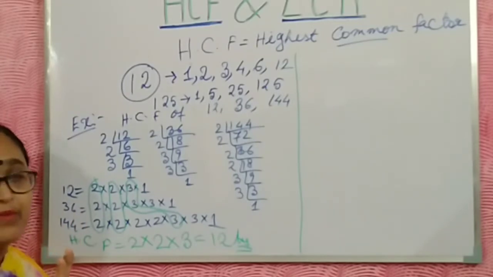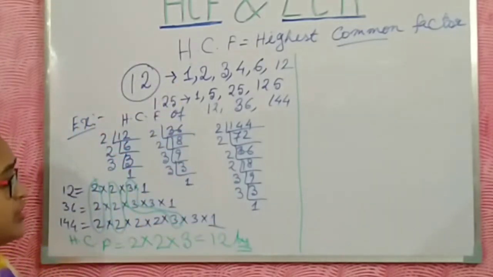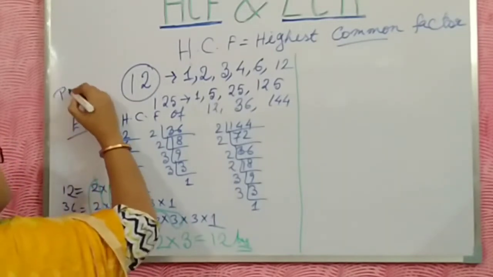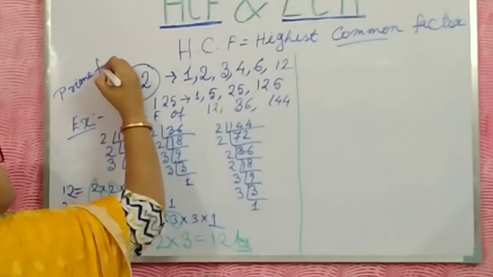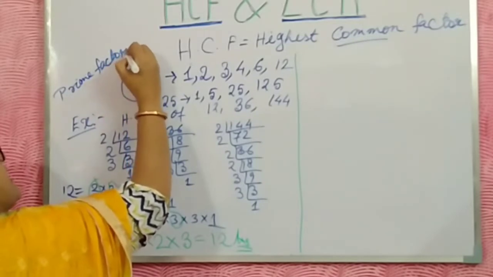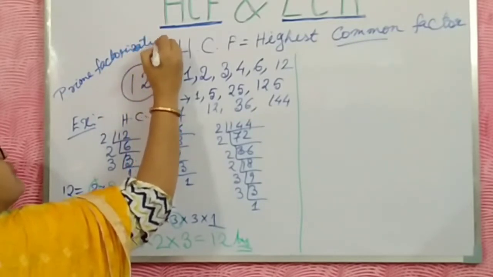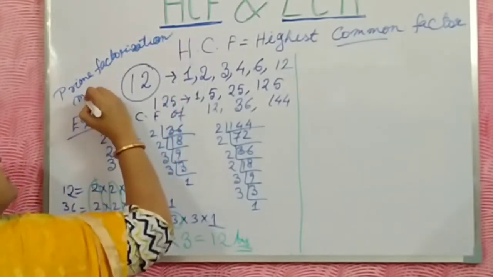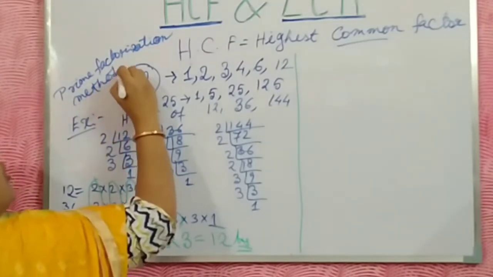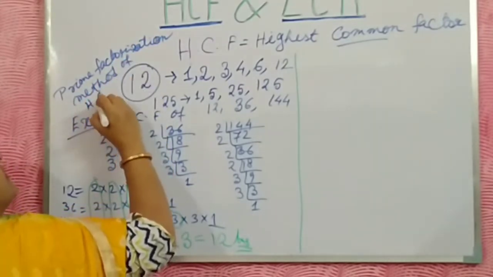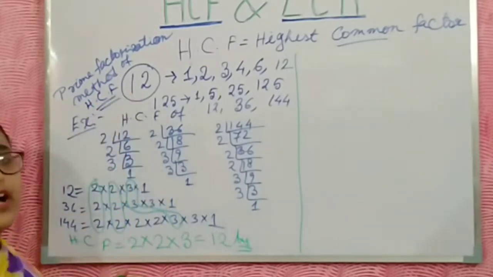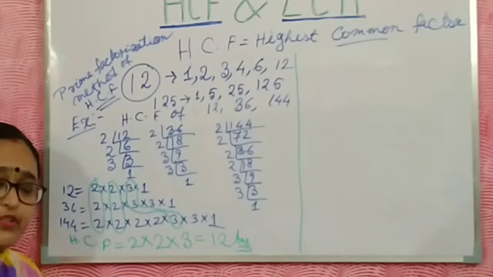This is called prime. This process is called the prime factorization method. From finding the HCF, use this prime factorization method.